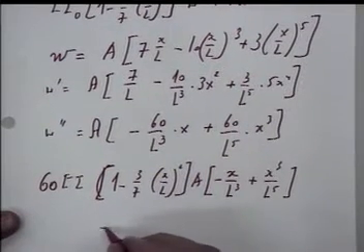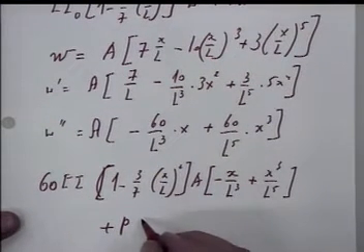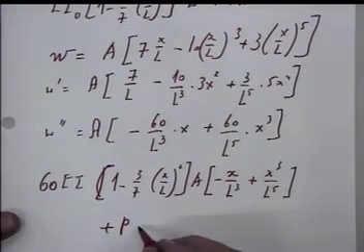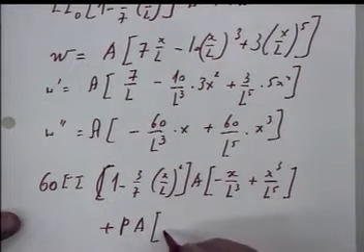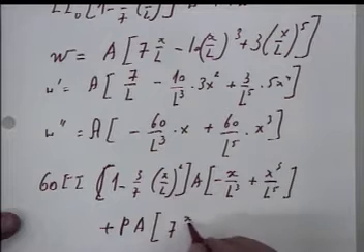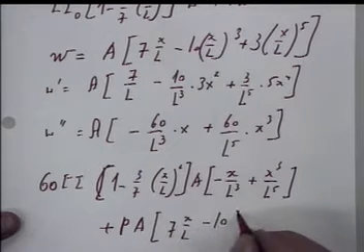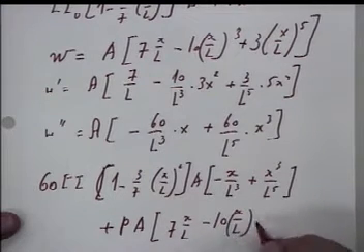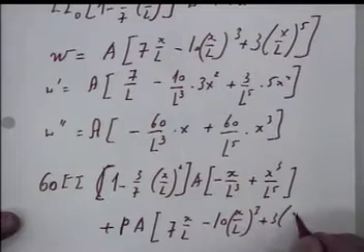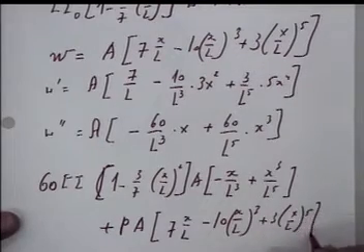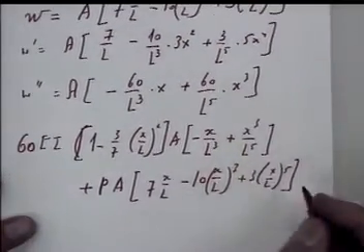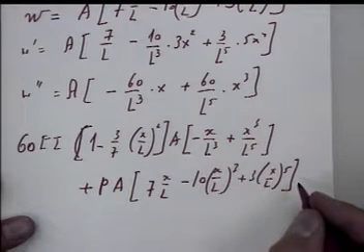That equals plus P W. W itself, I'm just writing down, A times 7x over L minus 10x over L cubed plus 3x over L fifths. Let us check this now, whether it equals 0 or not.